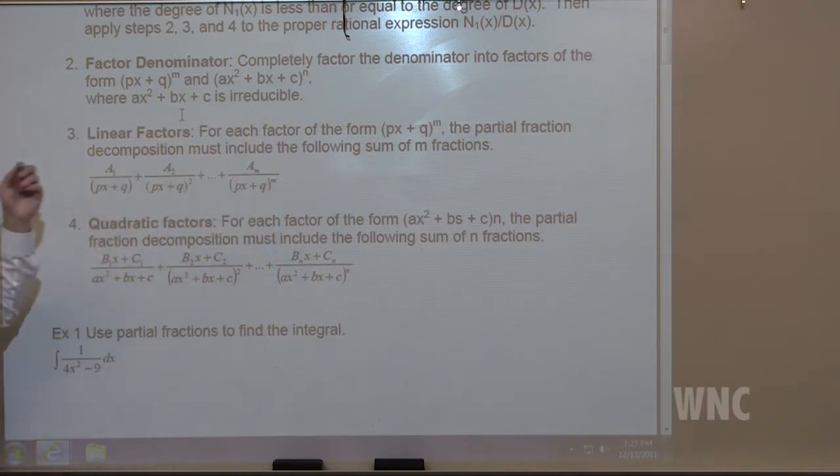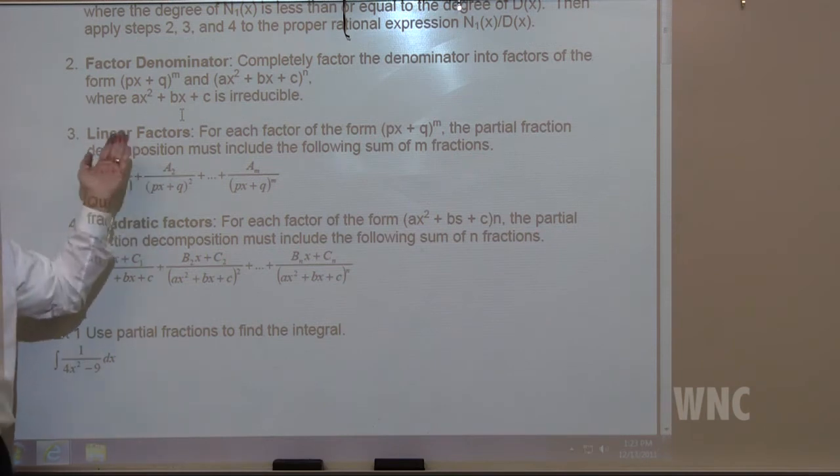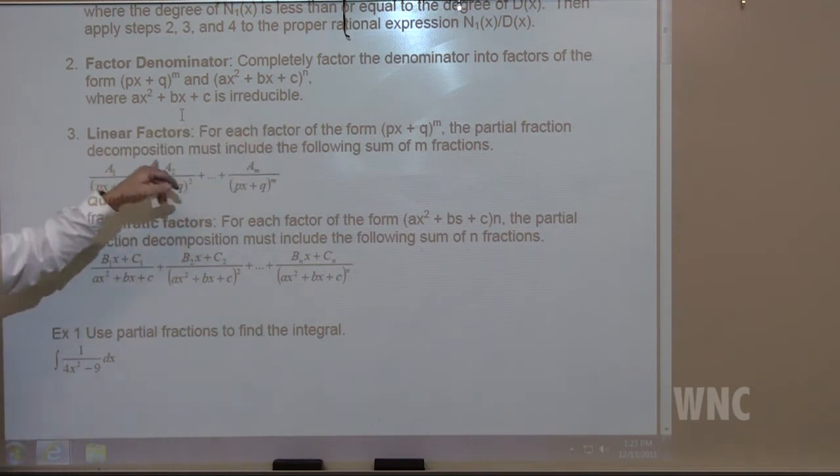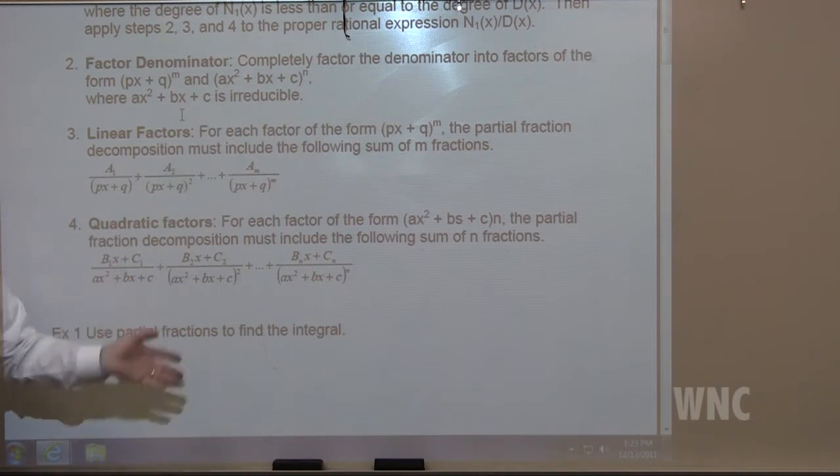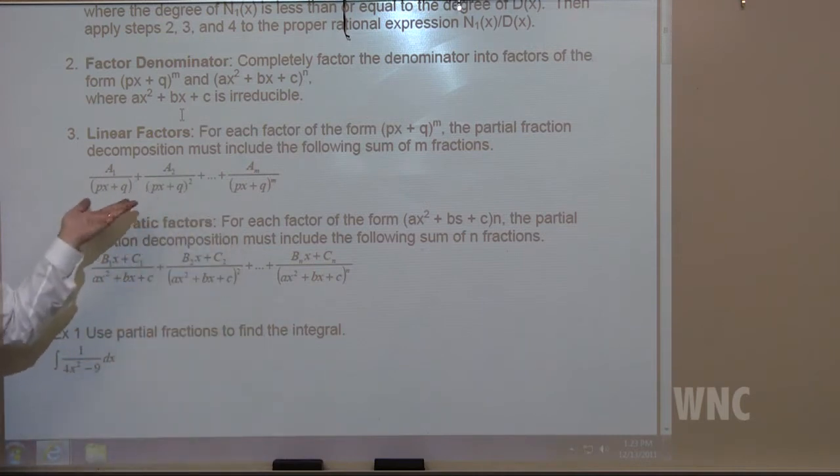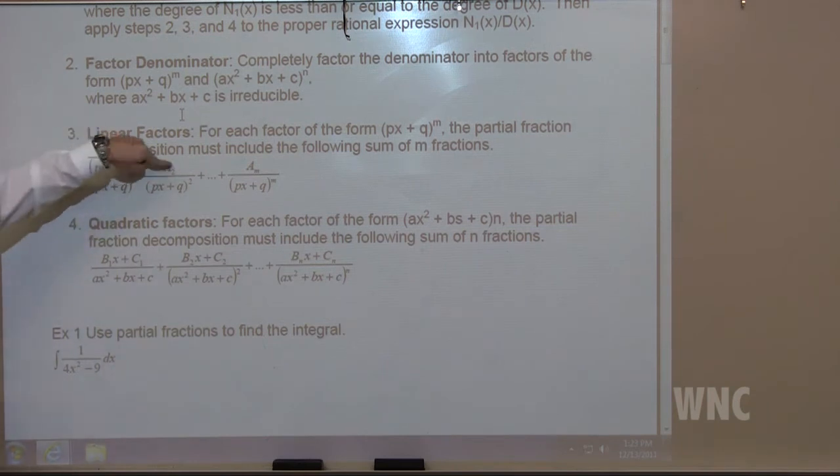So whatever the power is, you're going to continue to put these fractions there, and you'll have different powers on the bottom. Now trust me, it's not going to be as complicated as this looks. This is a very general definition. Note though, you have a constant on top. It could be the same, it could be different. Over px + q, this is linear, this is constant, one degree less on top.